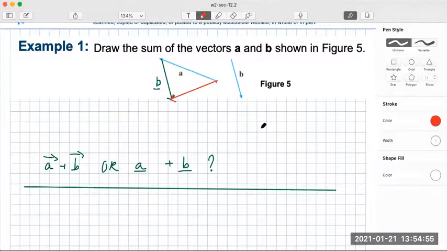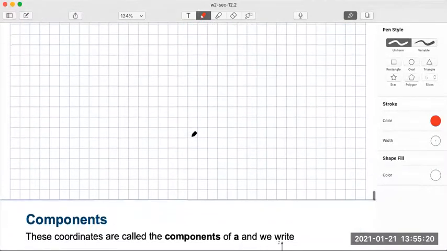Do you agree with that? Just translation and use the triangle law. So this is A plus B. Let us write it this way. That's it. That is how we draw it. So continue.